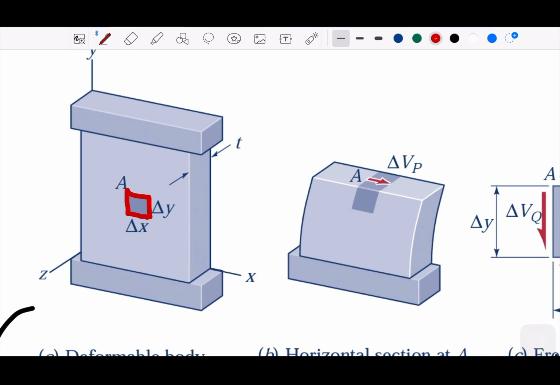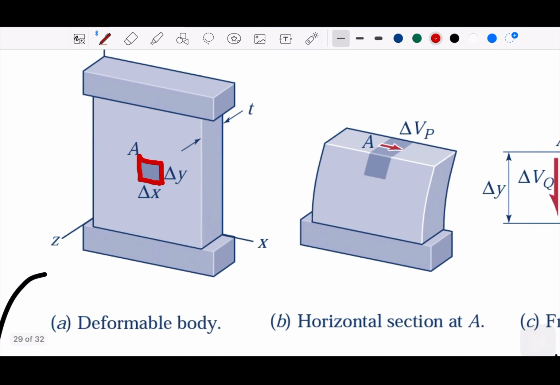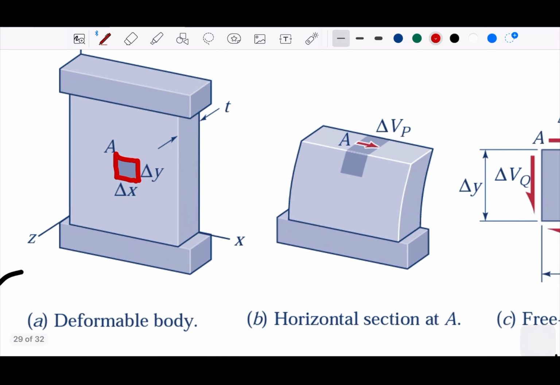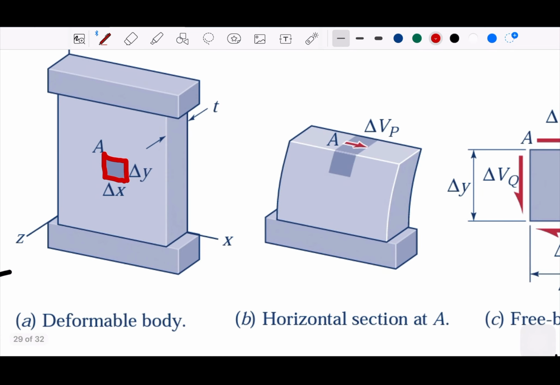You need to be aware that when any symbols mention delta, they relate this to calculus, for infinitely small numbers. Okay? So if we consider the horizontal sections on A, and there's some small shear, we call it delta V. That is a small distribution of shear on A.